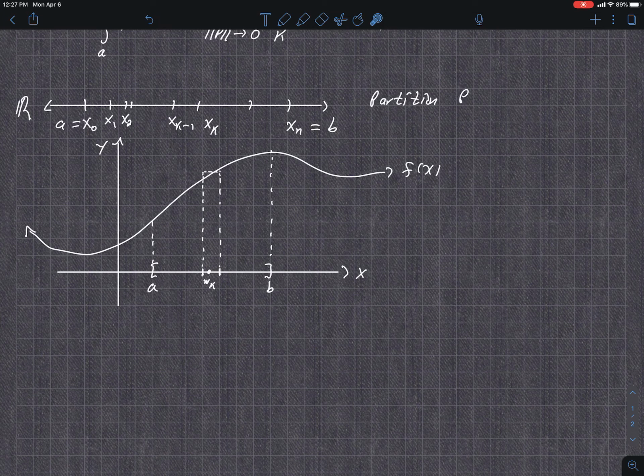Okay, so now we want to consider a function in two variables. That's the next piece. Now consider a function f in two variables.